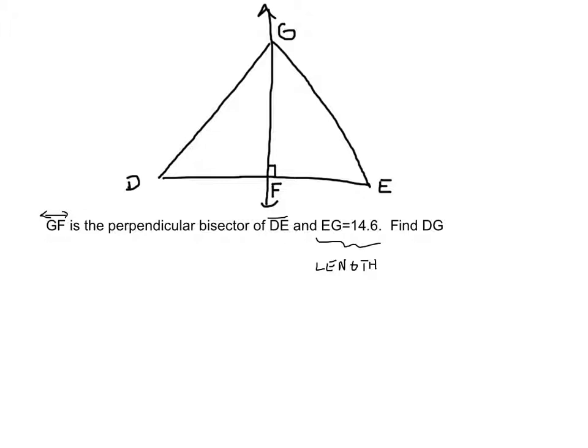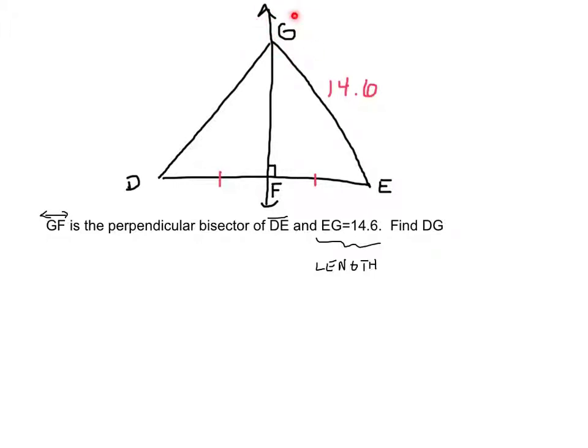Now let's label our diagram. It makes it clear that GF is the perpendicular bisector. We see that it is perpendicular, but because it's a bisector, let's label it as two congruent segments of DE, and the length of EG is 14.6. We want to find the length of DG. So we see that the length from E to G is 14.6.